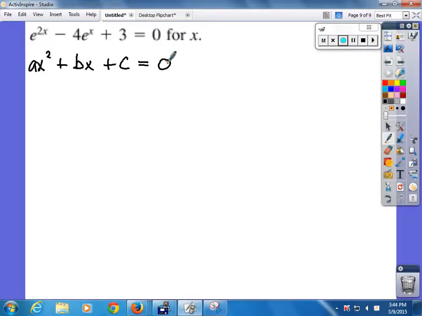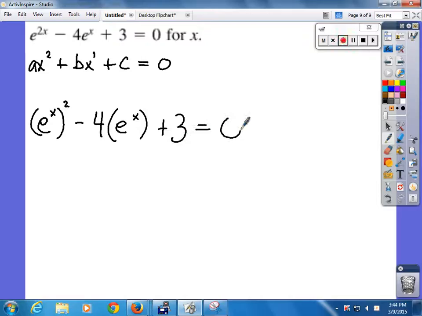This is raised to the second power, and this is raised to the first power. So you could say that this could be e to the x raised to the second power minus 4e to the x plus 3 is equal to 0, couldn't it? Can I rewrite that like that? Yes, sir.